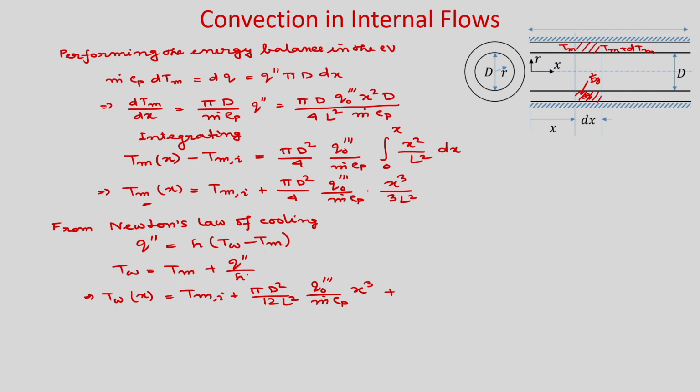So, q double prime, you can write as q naught triple prime x square d divided by 4 L square. So, this is your q double prime, and divided by h. Okay. So, you can see this is the expression of wall temperature variation along x.